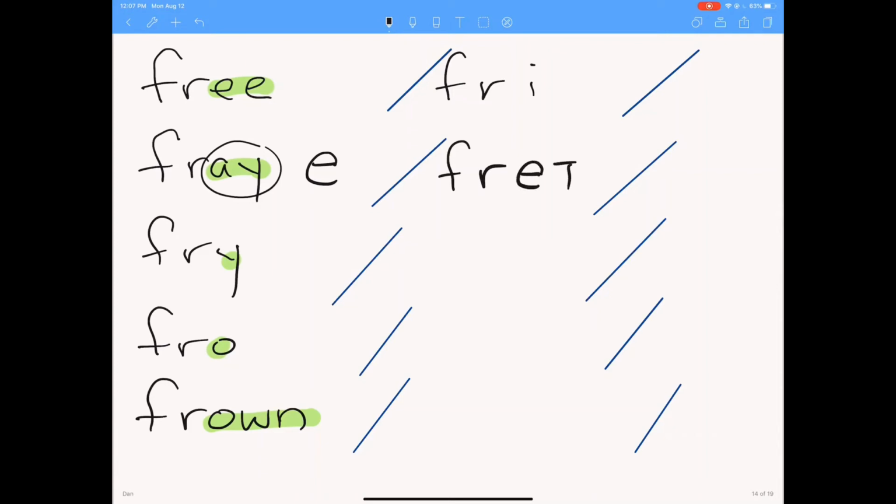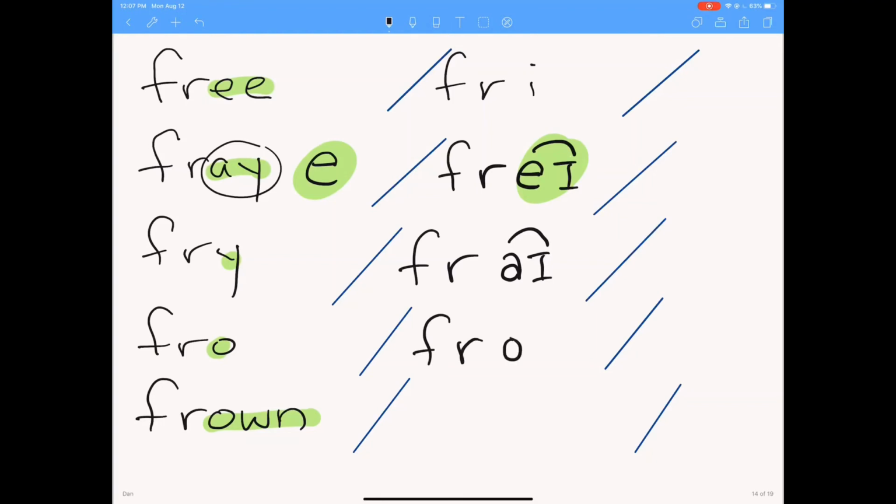So fray. This is what it would look like somewhere else in a word. This is what it looks like when it's stressed or at the end of a word as an open vowel. Fry. The I is a diphthong. We just talked about that guy. So type A, small capital I with the arch. And fro is going to be another one where when that vowel is open at the end, it gets written differently, right?